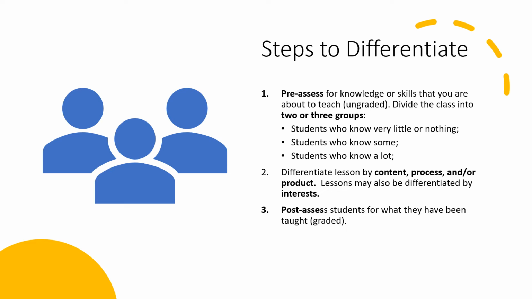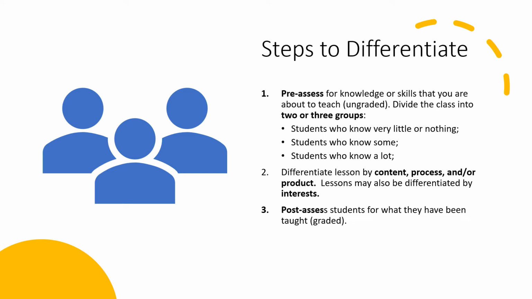Step 2 is to divide the class into 2 or 3 groups. You might divide them into students who know very little or nothing, students who know some, and students who know a lot. Some teachers cut that down to 2 groups, students who have not mastered the learning objectives and students who have.